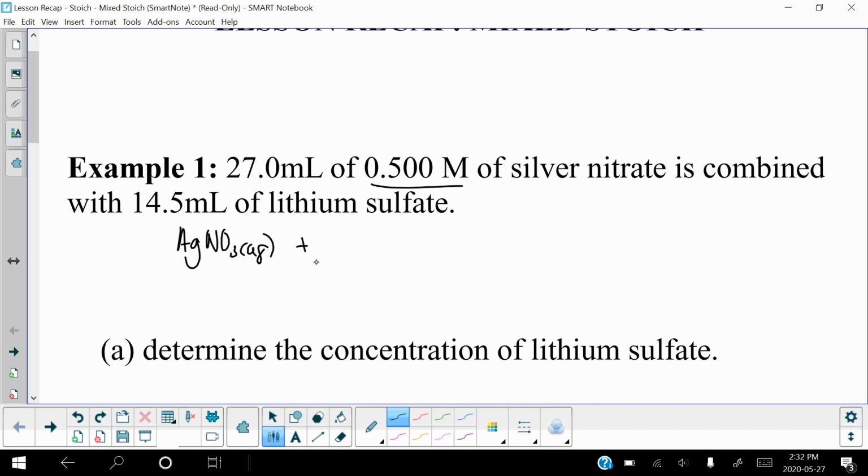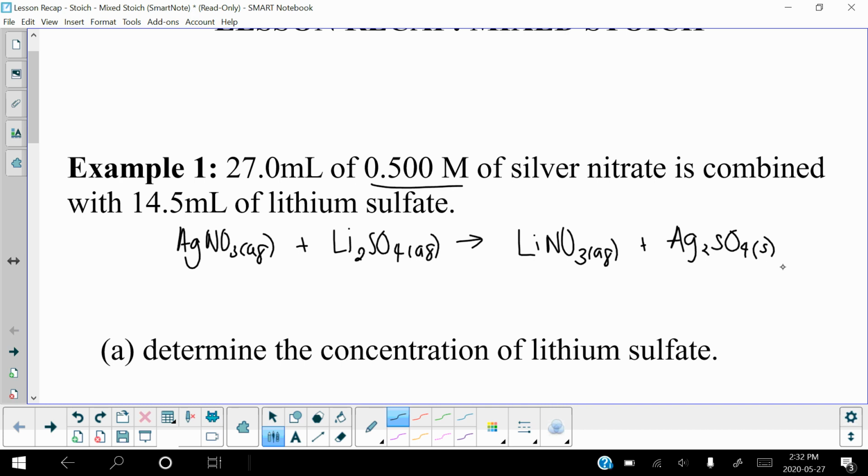Okay, and it combines with lithium sulfate, so that's Li2SO4, which is also aqueous. This is a double replacement reaction, so it will end up with lithium nitrate, which is aqueous, plus silver sulfate, which is solid.